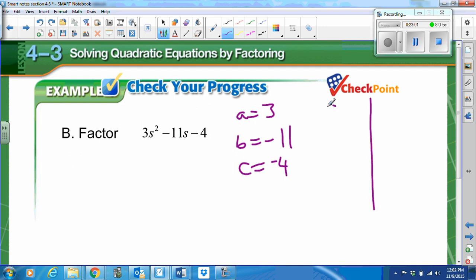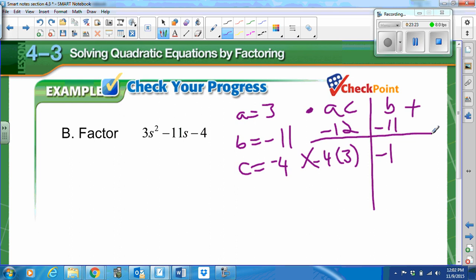So A times C is negative 12, and B is negative 11. We want numbers that add together to give us negative 11 and multiply together to give us negative 12. So what if I do negative 4 times 3? That does equal negative 12, but negative 4 plus 3 is negative 1. So that's not it.